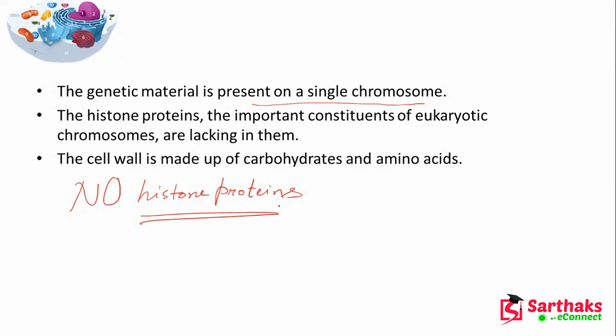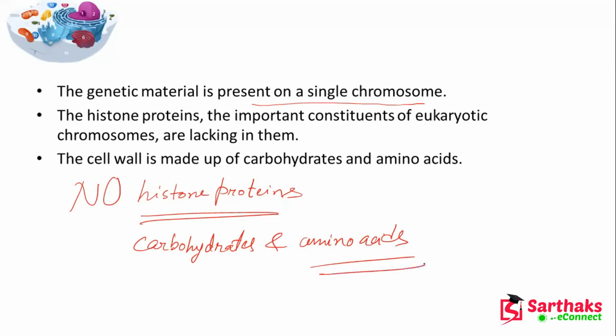And the cell wall is made up of carbohydrates and amino acids. So the genetic material in the prokaryotic cell is present on a single chromosome, histone proteins are absent, and the cell wall is made up of carbohydrates and amino acids.